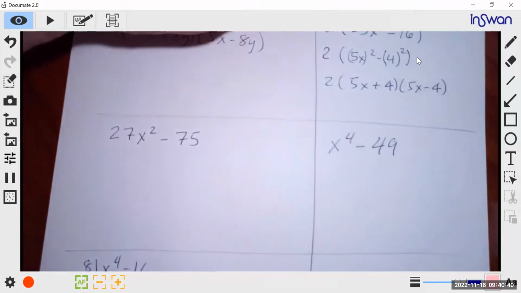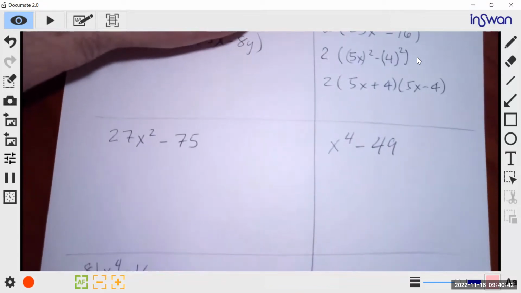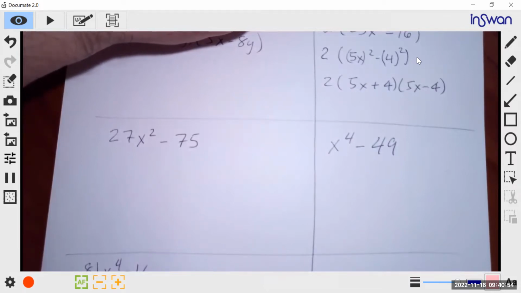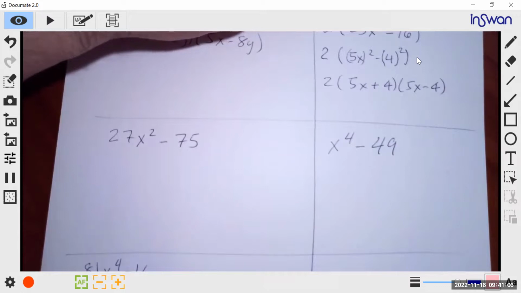How about the next one? Is 27 a perfect square? No. 25 is. But can we factor anything out of both of those? 3.